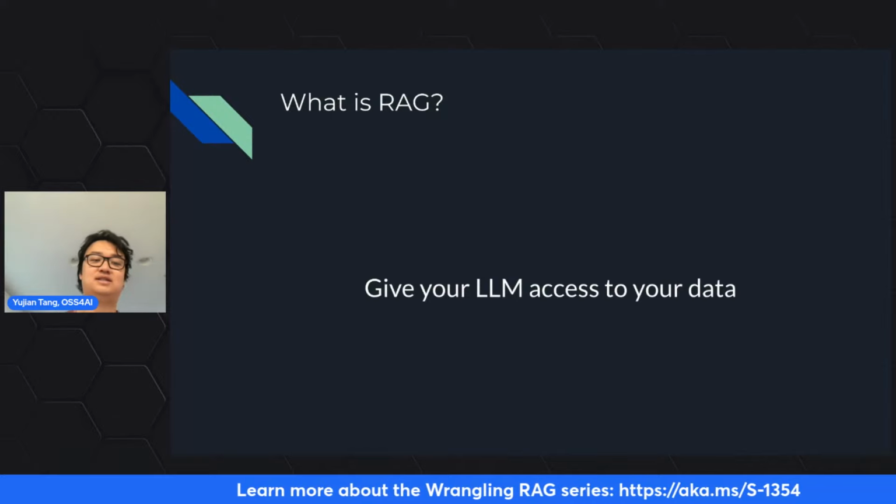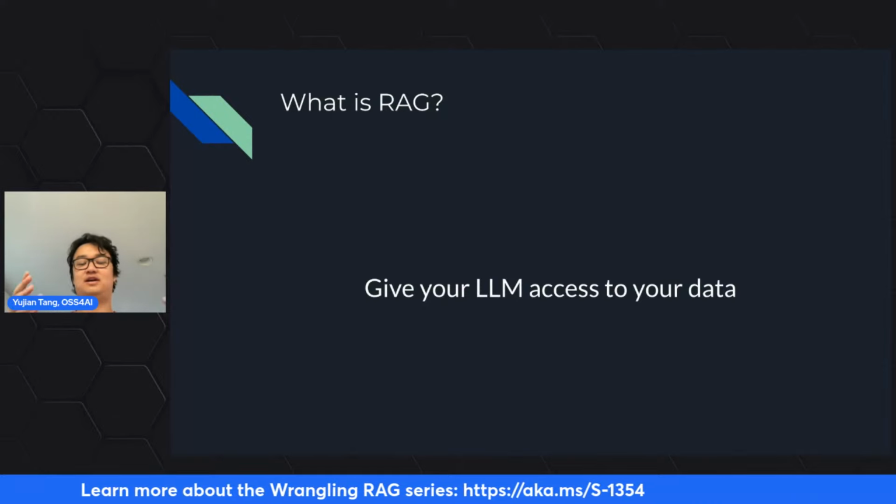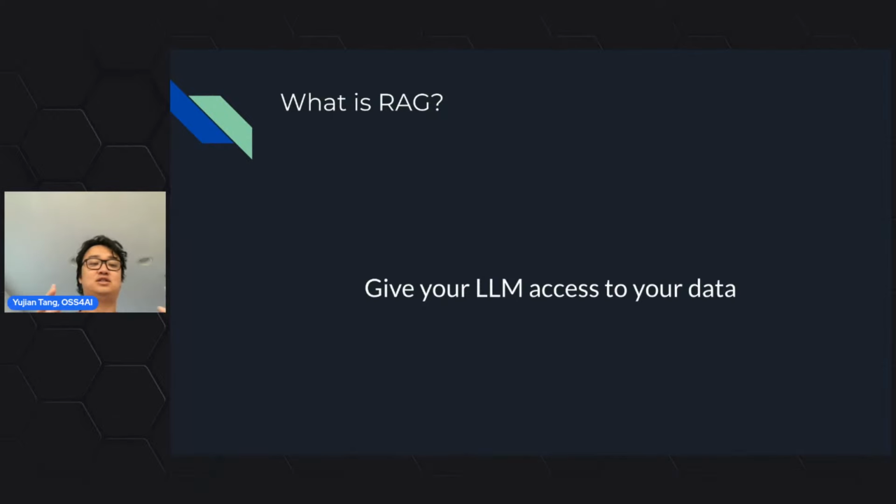And basically it's a way to give your LLM access to your data, right? LLMs are models trained on some amount of data, but none of that data is specific to what you're working on. So RAG is just a way to give your data to the LLM.